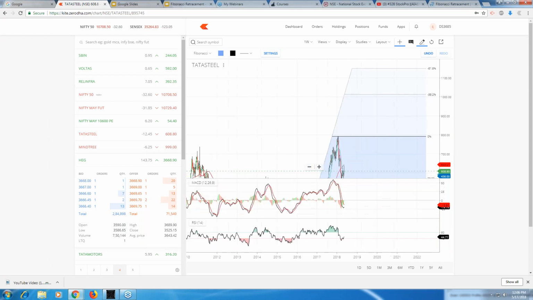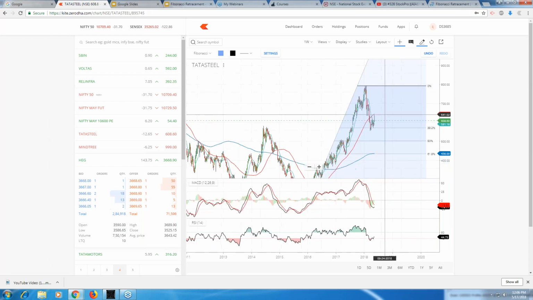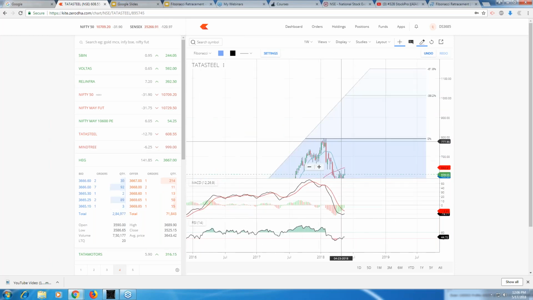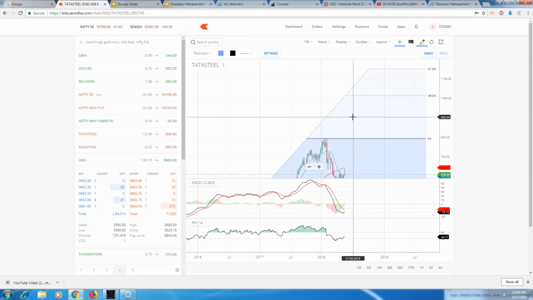Suppose you need to predict where exactly the stock will go in case it is an uptrend, then you can take extensions in the upward direction by about 23.6%, 38.2% and 61.8%. So here you have 38.2%, but you don't have 23.6%.